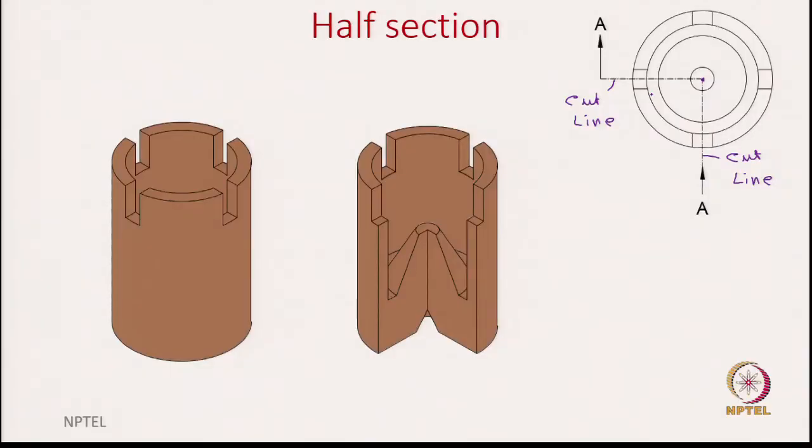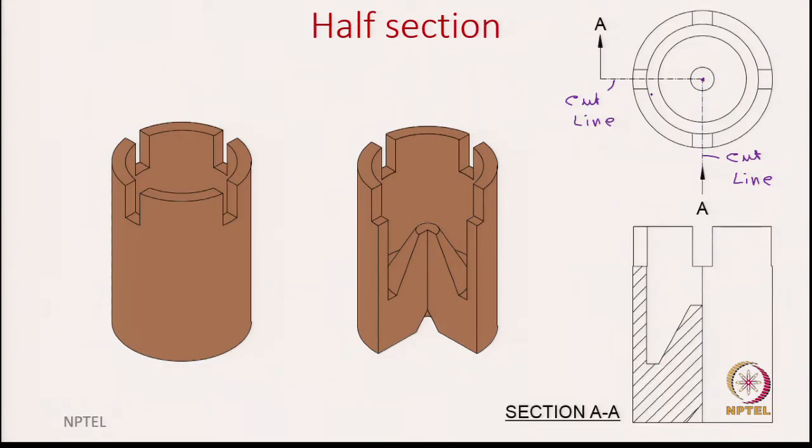Okay. And now we need to focus on the arrows, because the arrows tell us in which direction we need to view to capture the section view. After that, we see that since we are looking in this direction A, which is shown here, to the right of this center line we have the regular view, but to the left we have this section.